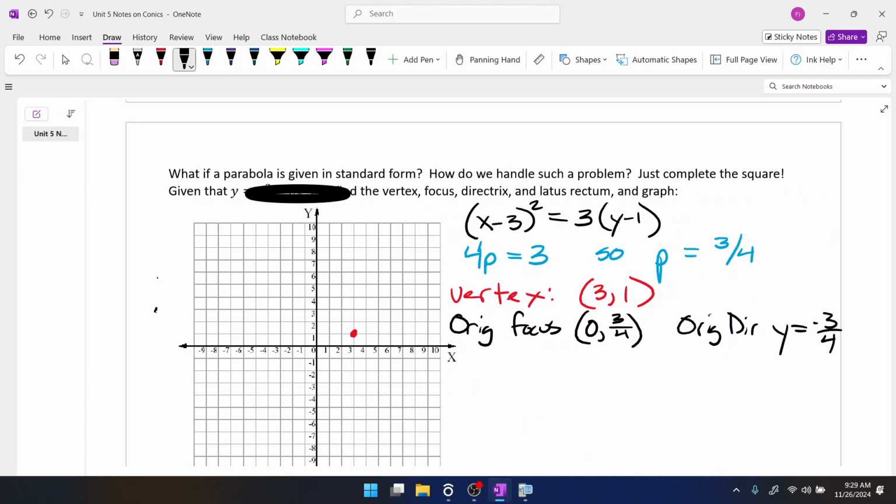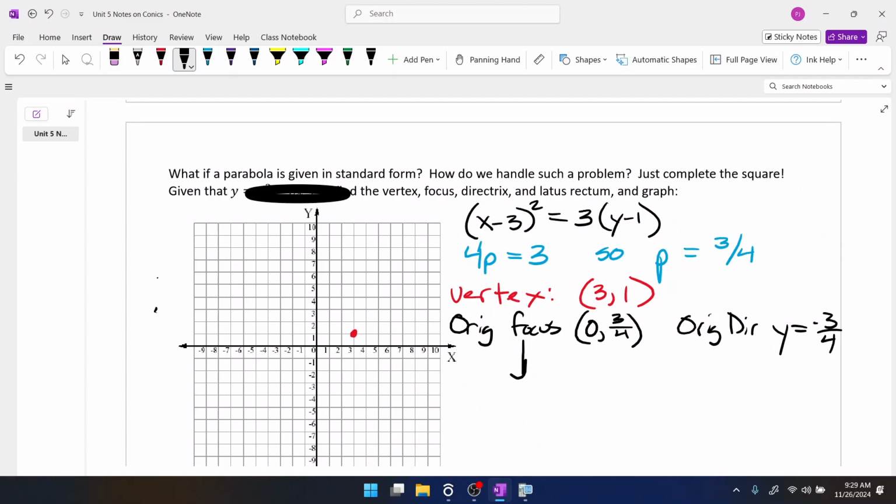But thanks to the magic of mathematics, we move that focus, which should have been here, and we move that, obviously, how many units to the right and how many units up? Three to the right and 1 up.